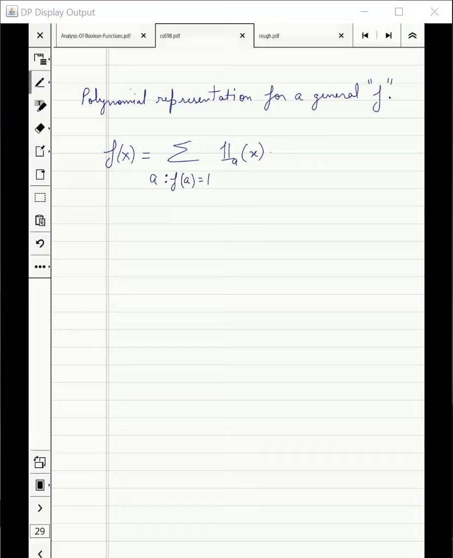This would have been okay if my functions were Boolean. But my functions are not Boolean, right? Their output can be real numbers. So what should I do?